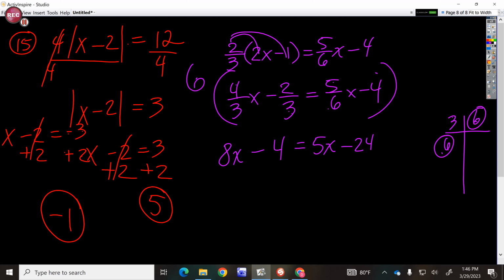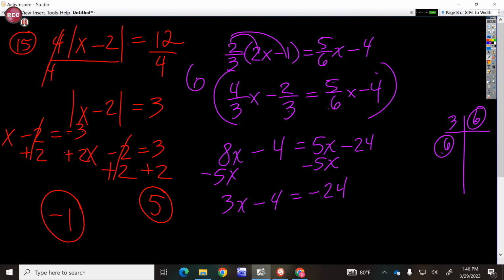Now, there's no like terms on the left, no like terms on the right, so we can go straight to inverse operation. Which one's smaller, 8x or 5x? 5x. So we're going to subtract 5x from both sides, bring down the result. 3x minus 4 equals negative 24. Now it's a two-step equation.